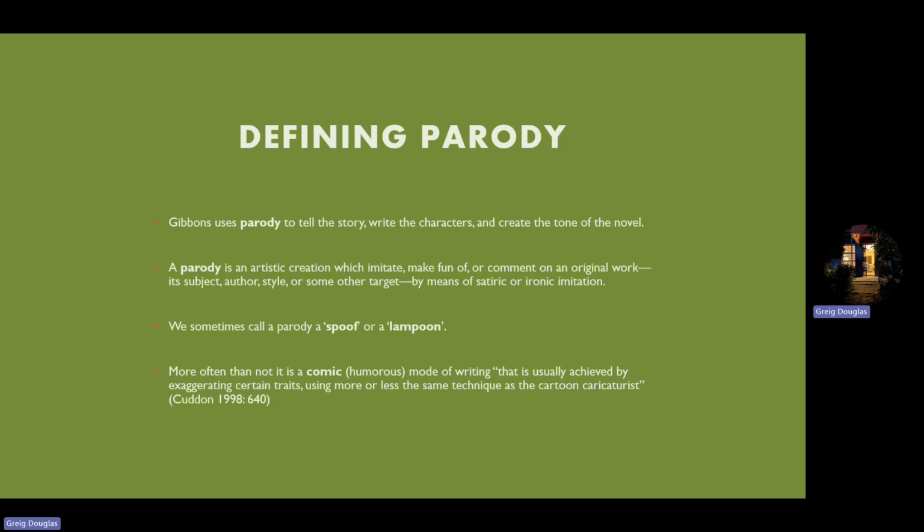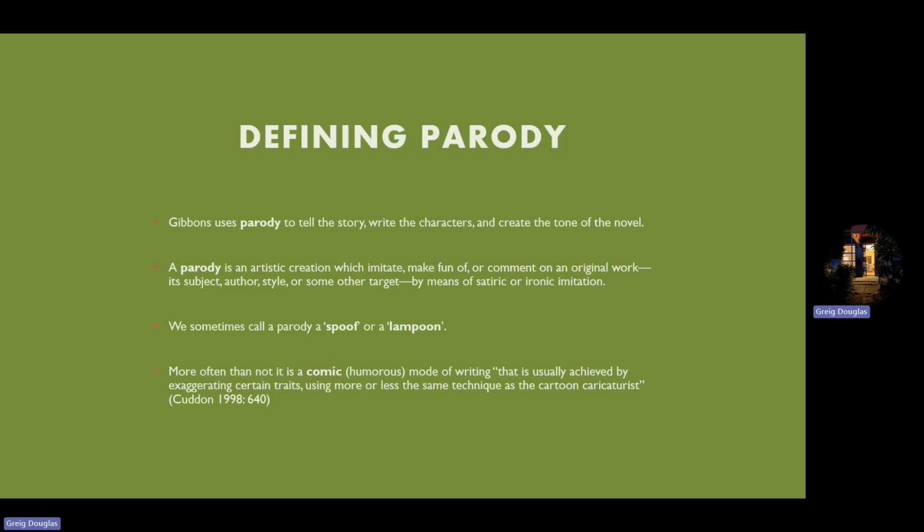But the main thing it's doing is to imitate another genre, another thing, make fun of or comment on a previously original work, right? Whatever feature happens to suit the parody. It could be its subject, the author, the style in which it's done, or some other target it wants to hit.